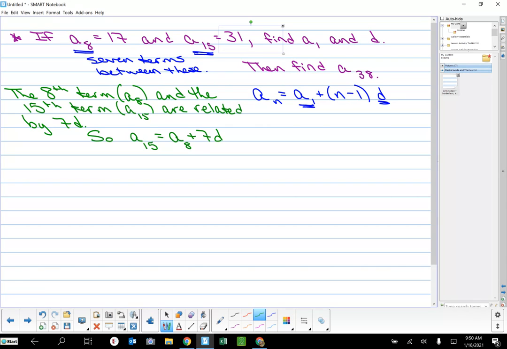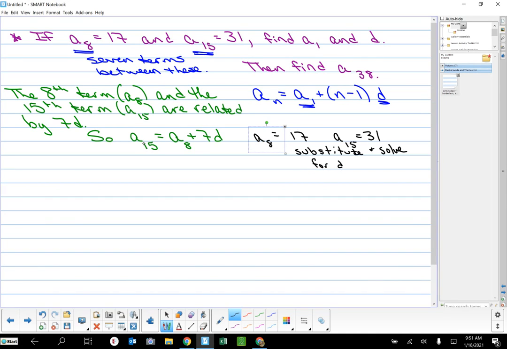Okay, so we know that a sub 8 is 17 and a sub 15 equals 31. So now we're going to substitute in. I did not spell that right. Substitute and solve for d.